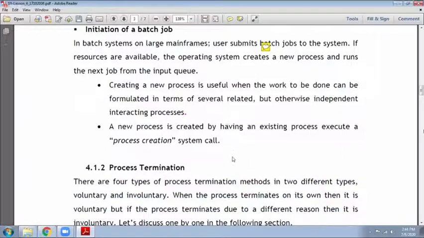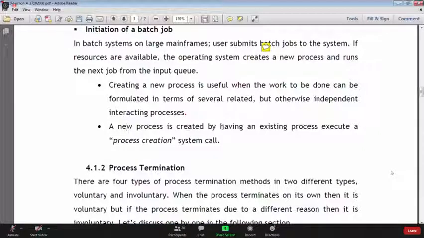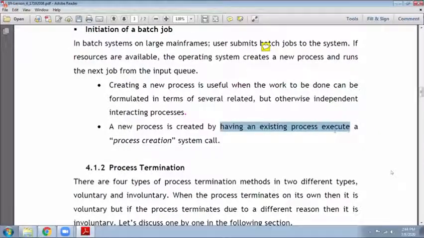So you create different processes. A new process is created by having an existing process execute the process creation system call. So in order to create a new process, you have to call this command, the process creation system call.